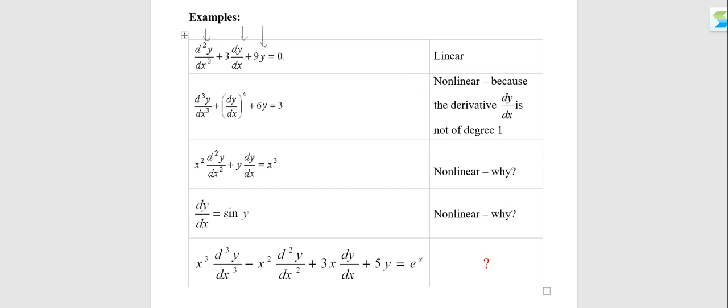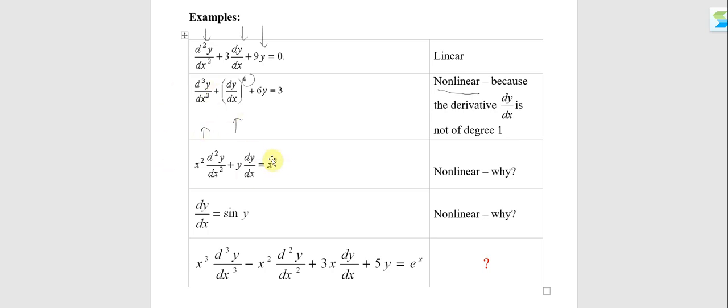For the second example, you have d cube y over dx cube plus dy over dx to the power of 4 plus 6y equals 3. For this equation, it is nonlinear. Why nonlinear? Because the derivative here is to the power of 1, but the derivative here is to the power of 4. It is not okay. So this is not linear because of this 4.